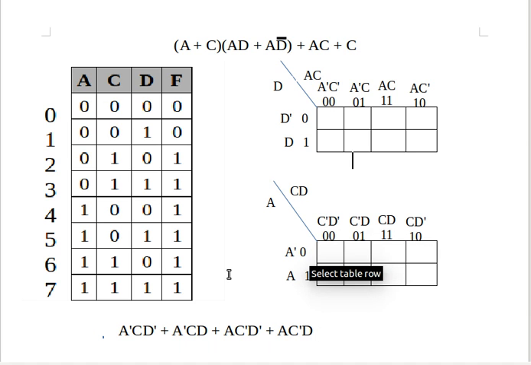So now let's check what the differences are. So I go and look at this table. I have 0 1 0, meaning not A, C and D. I'm gonna have a 1 here representing this. It's gonna be D prime, sorry. It's good I looked at the last 0.